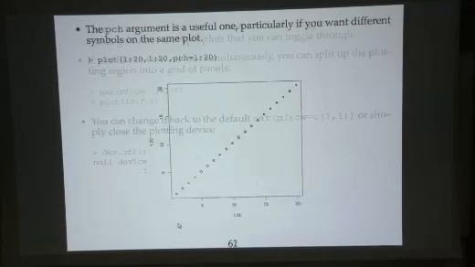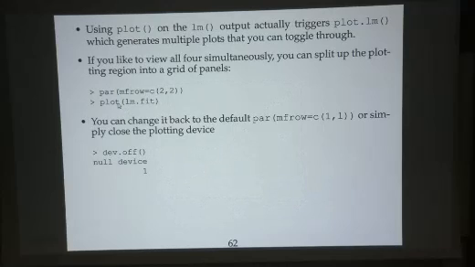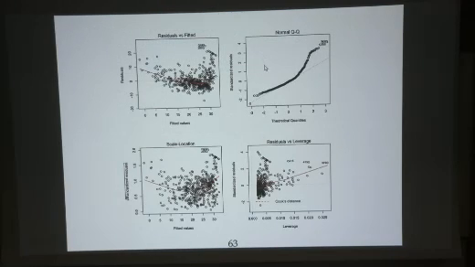But if you plot lm.fit, with this command par mfrow, which is a command to split your window into a 2 by 2 matrix, so you have your entire screen split into a 2 by 2 matrix, and then you run this plot, and what you get is these 4 plots.